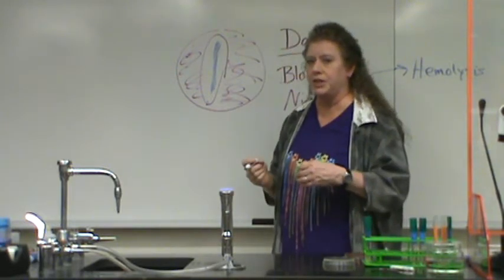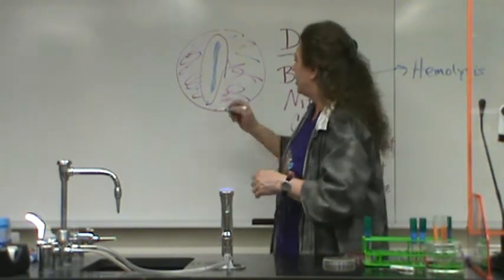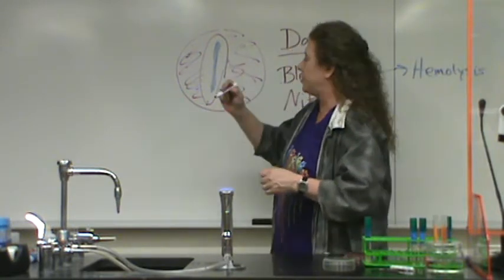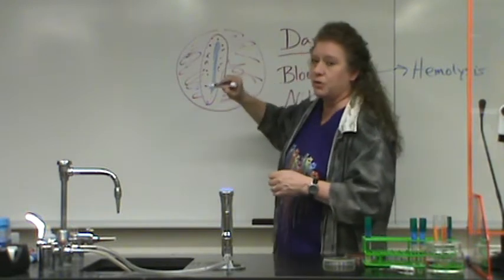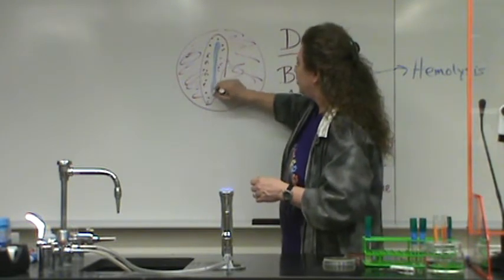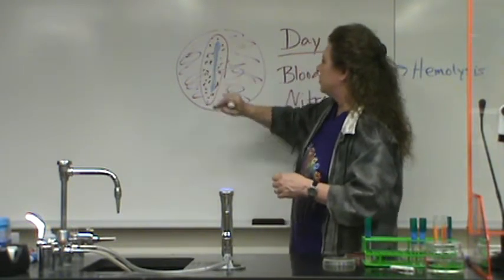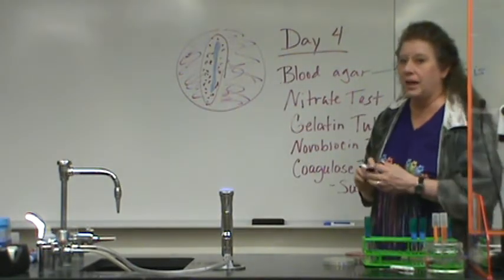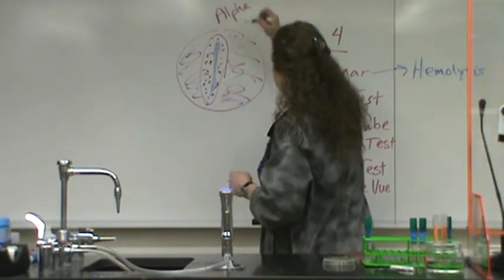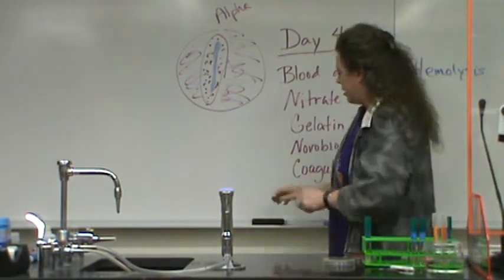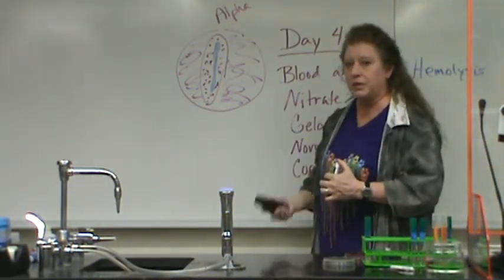It'll actually have a greenish, olive green cast to it. So I know this isn't olive green, but you're still going to see partially broken down red blood cells in that halo. They'll be greenish in color. Okay? So that is alpha hemolysis.